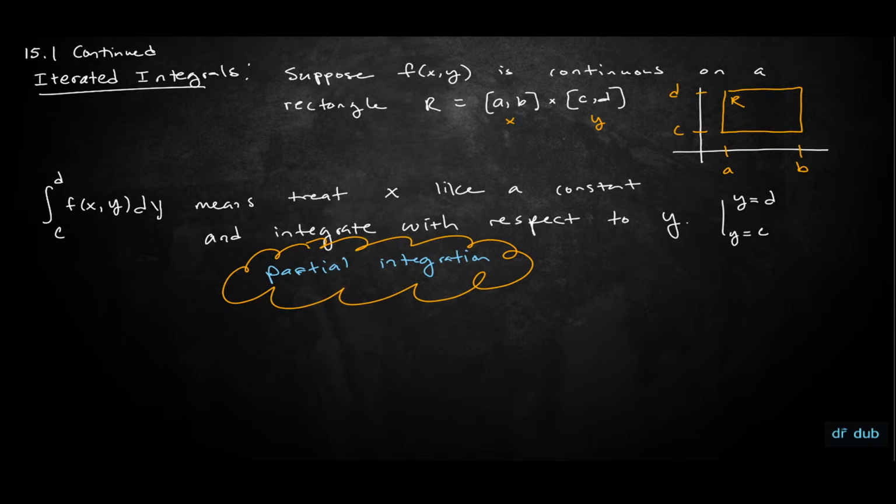So this implies that the integral from c to d of f of x,y dy is a function of x. And we can call it something like A of x equals the integral from c to d of f of x,y dy. And now that thing is actually a function of x.